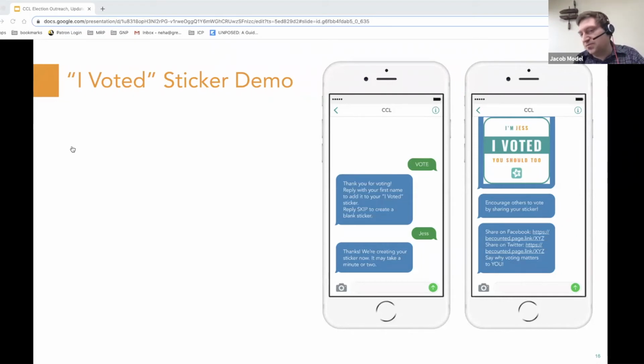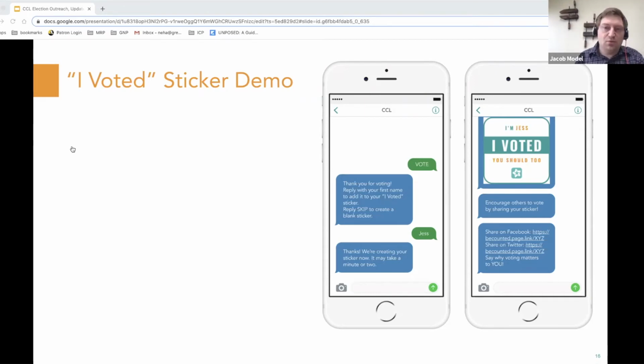Basically, you put in this start word. You then can put in your name if you want. You can create a blank card as well if you're not comfortable putting in your name. We always try to make sure that personal information on this sort of thing is optional depending on the person.